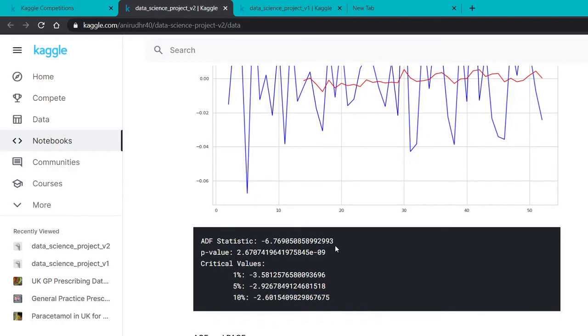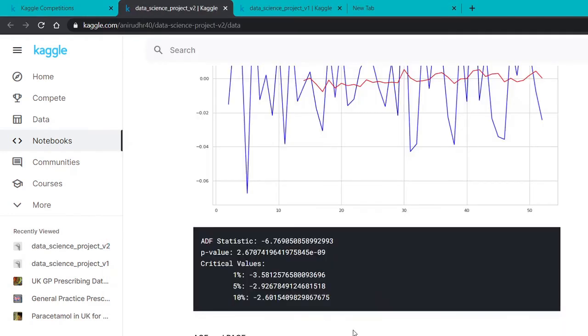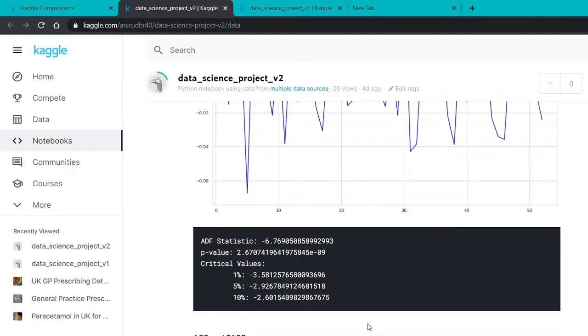ARIMA is split into three parts. AR is the autoregressive model, I is integrated, and MA is moving average. The autoregressive model is where we try to figure out whether a value in the current period of time is related to its previous periods.